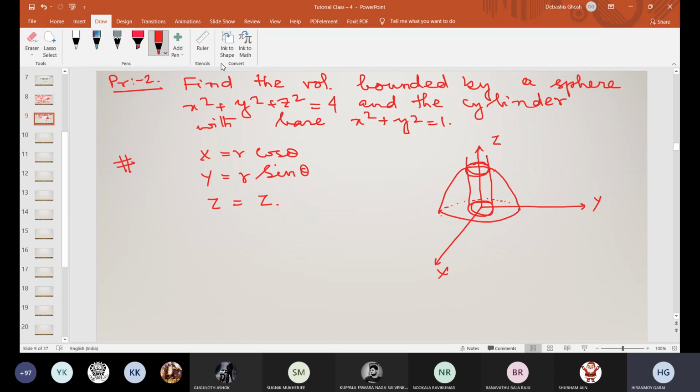Now the range, then it will become E equals to z.